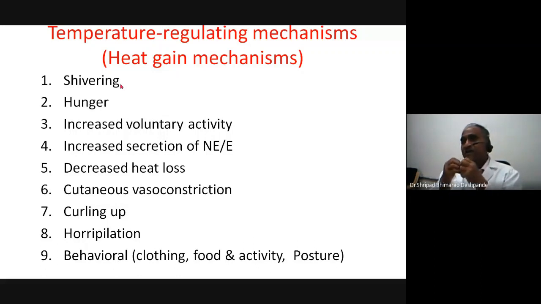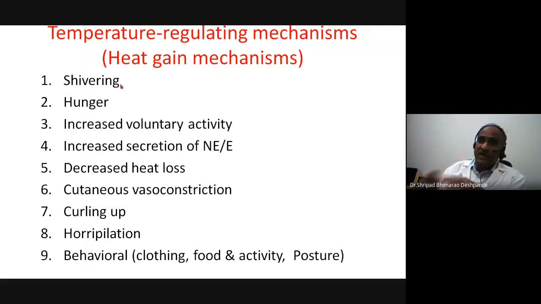This shivering generates an enormous amount of heat, with the skeletal muscle contraction. This is governed by the increased somatic activity, but the increased activity is governed by the hypothalamus. It's an involuntary shivering mechanism.